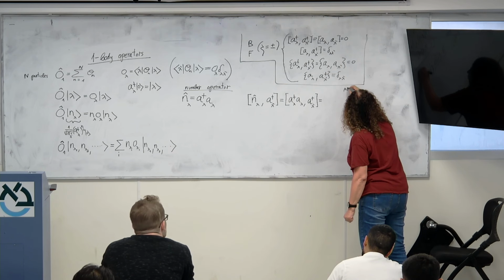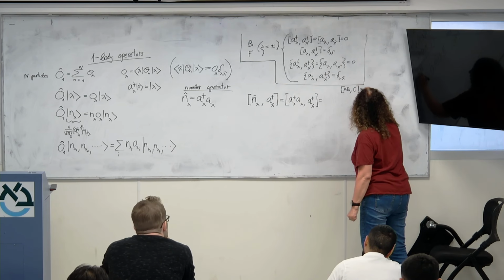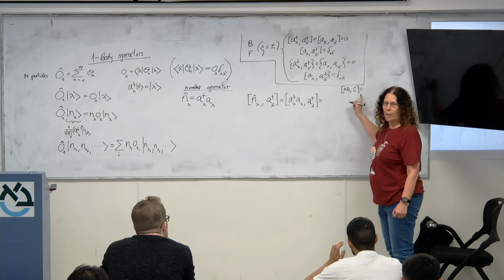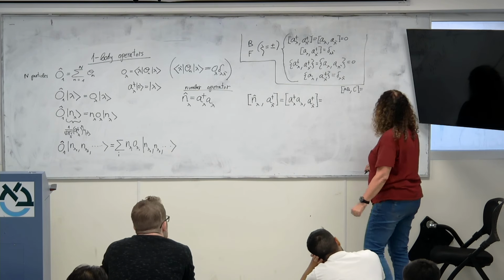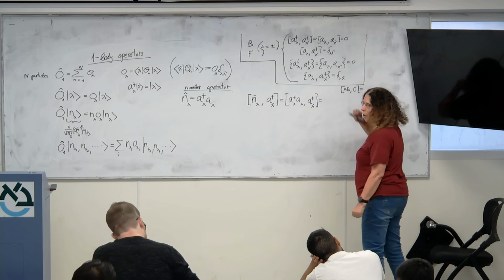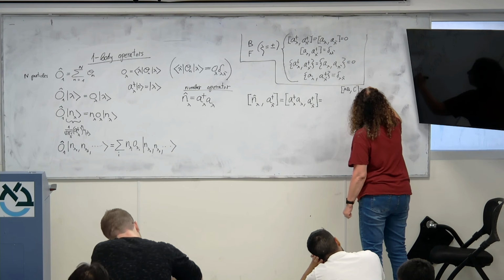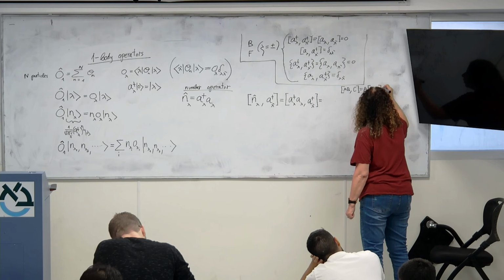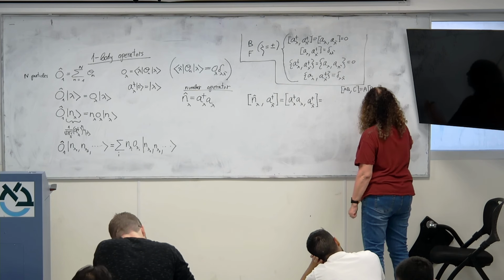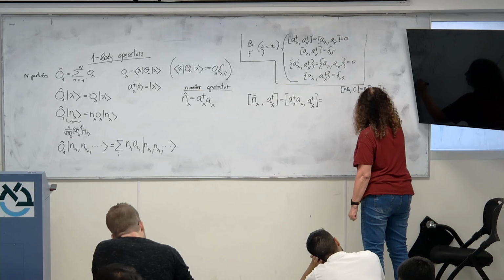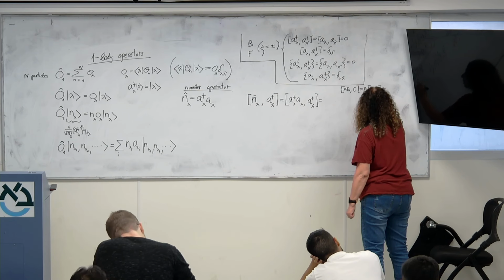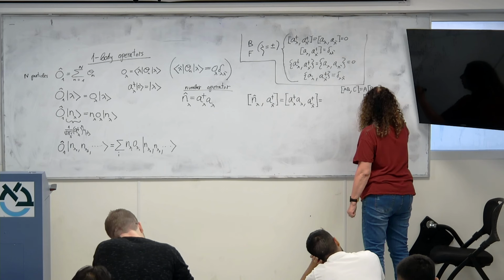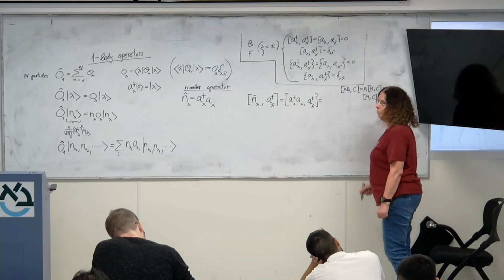If I have the commutator [AB, C], where A, B, and C are any operators, you can easily show that this is given by A[B, C] plus [A, C]B, okay?